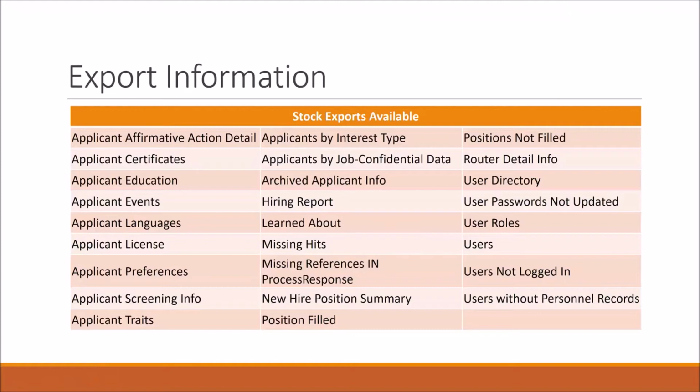You can get a hiring report, positions not filled, your router detail. If you were a site that loaded all your employees, you can see who has not logged in and updated their password yet, and so on. These can be really, really helpful in some of your day-to-day stuff.